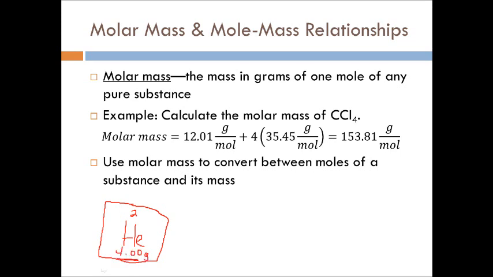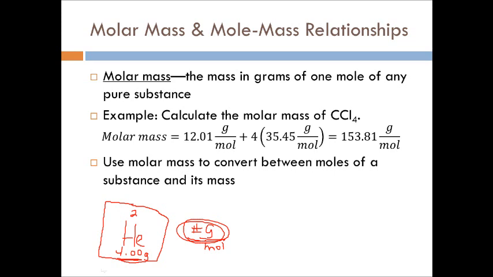Okay, so this is what we're talking about in terms of molar mass. The molar mass is the amount of mass, or the amount of grams, that 1 mole of that substance has. All of the masses on the periodic table are assumed to be grams per mole. So that's so many grams in 1 mole. And the number always goes with the grams.